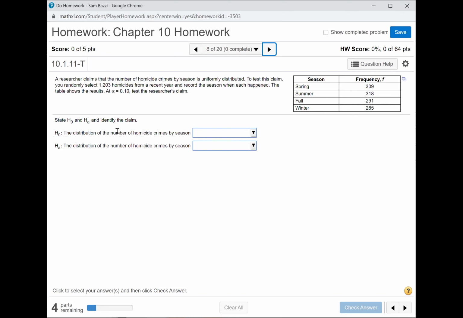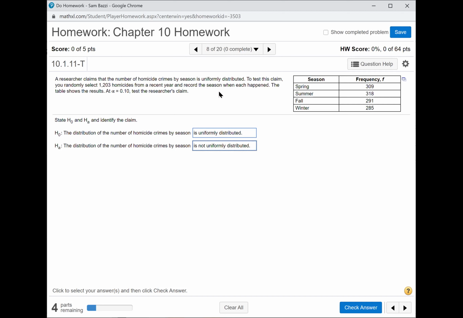What I taught you here in section 10.1, as far as stating the null and the alternative hypotheses, you say that the distribution is as claimed and the distribution is not as claimed. Here you say the distribution is uniform, and then the distribution is not uniform. So here, uniformly distributed, and here, not uniformly distributed.